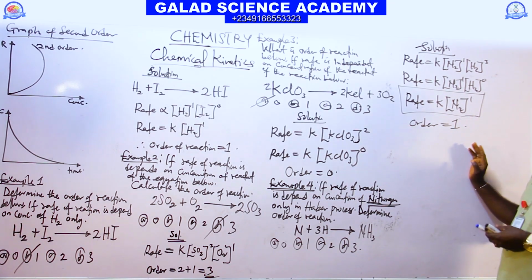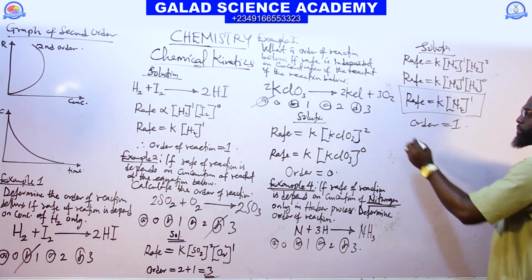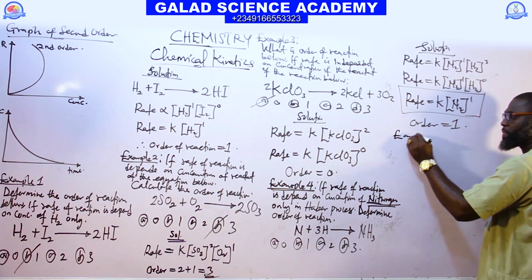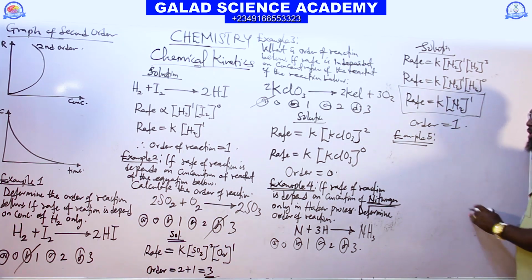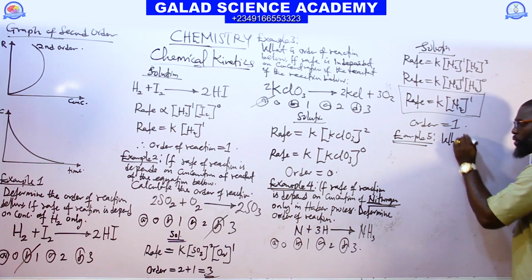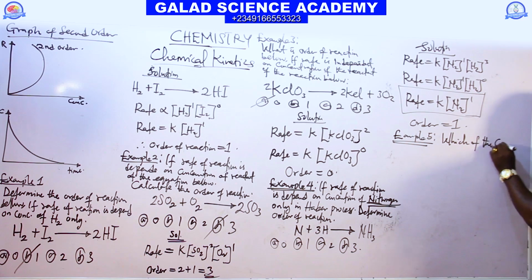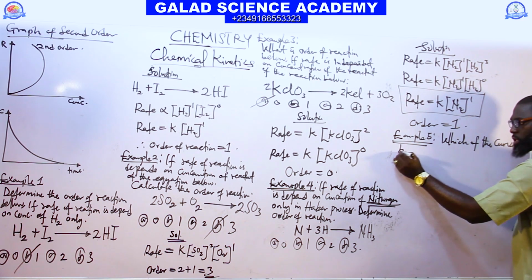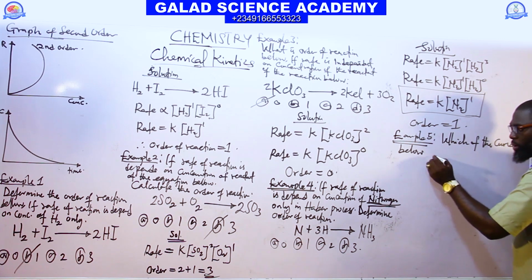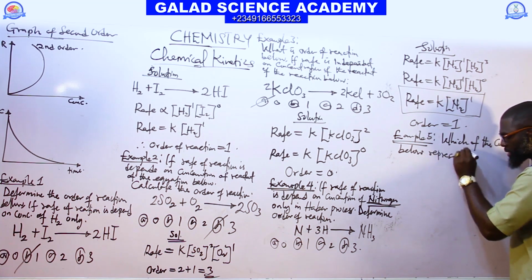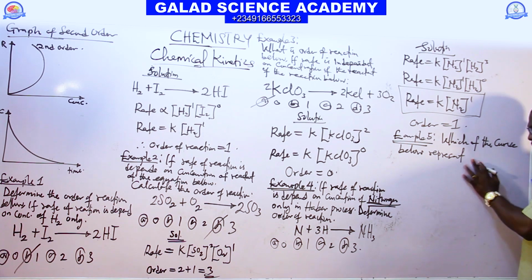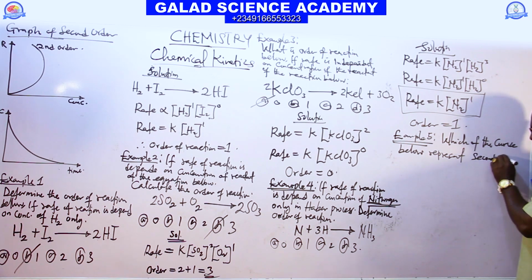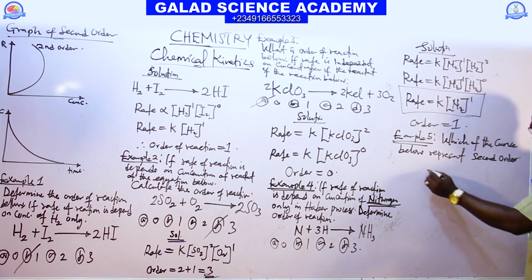So the order of reaction here will be third order. So the last question is example 5. Which of the curves below represents second order?